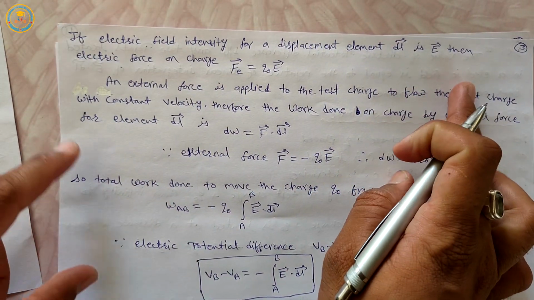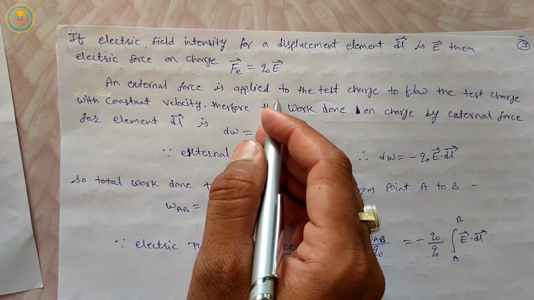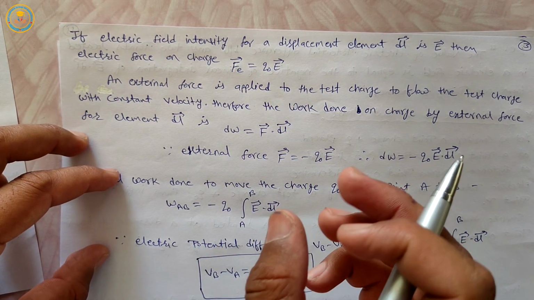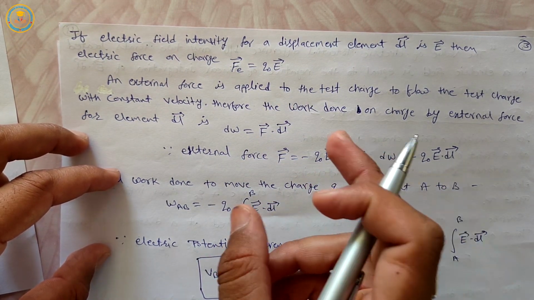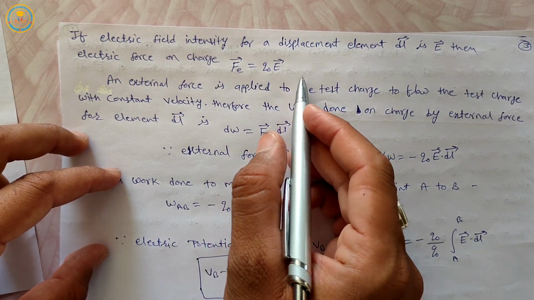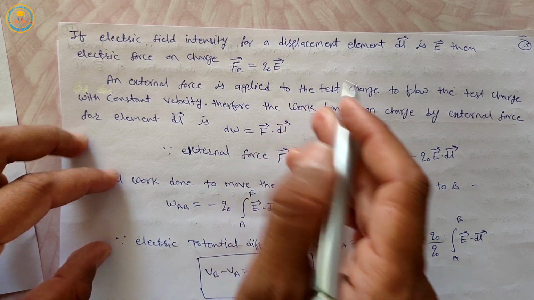According to chapter 1, the electric force on a charge placed in an electric field is F equals QE. So Fe vector is equal to q naught E vector.